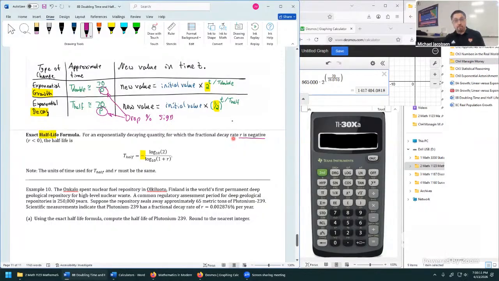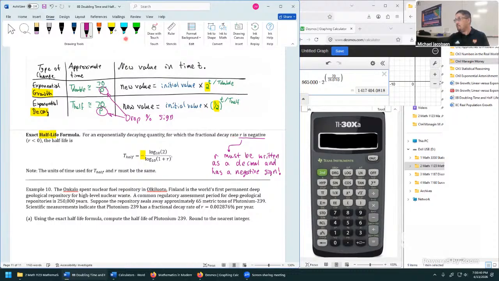But here, if we're using the rate R, then R must be written as a decimal and has a negative sign. So R being negative gives the negative sign to this R value that's going to go right there.